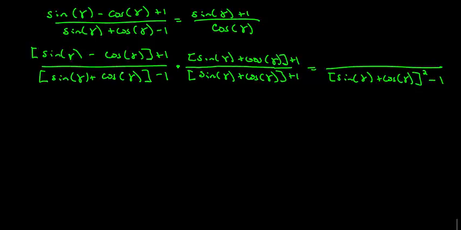So let's just do the first part of the foiling. So I'm going to do this with a different color here. I'm going to do this piece times this piece. But notice that those themselves are different. So that's going to be sine squared plus sine cosine minus sine cosine times, minus cosine squared.